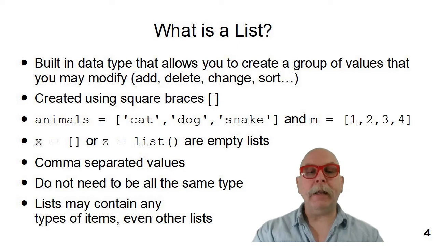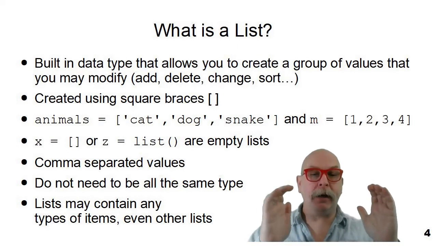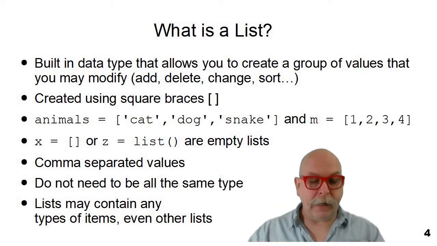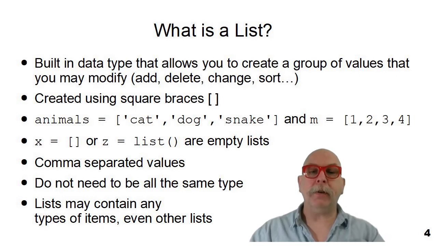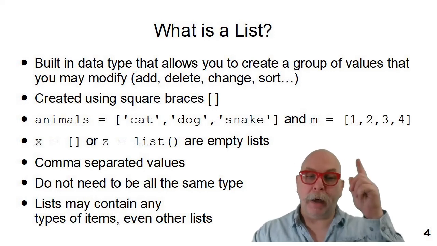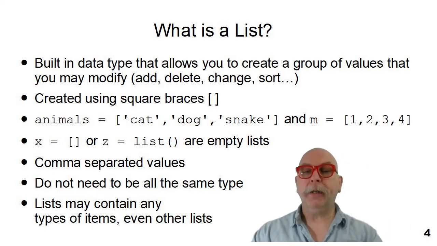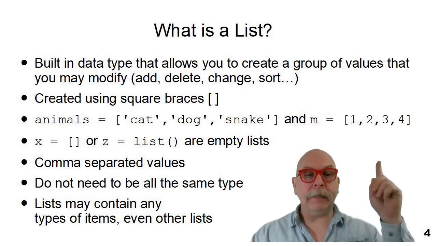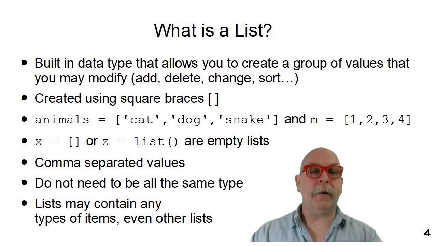Lists are created using the square bracket notation, the keys kind of above the quotation mark on a standard US keyboard. And you can see that I've created a couple of lists above. The list of animals contains the string cat, the string dog, and the string snake. And then a list M contains the numbers 1, 2, 3, and 4.